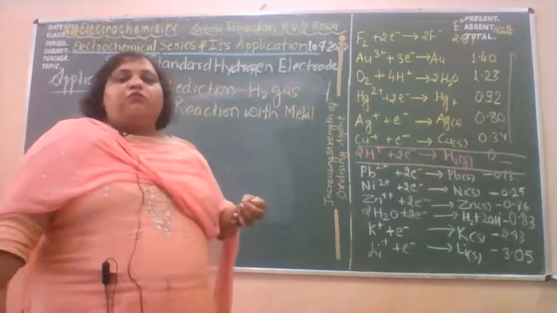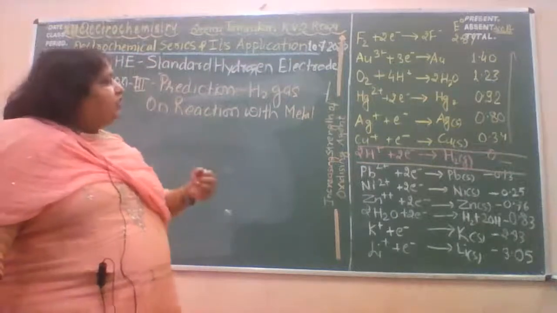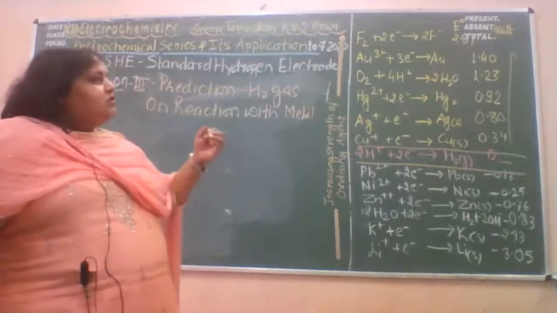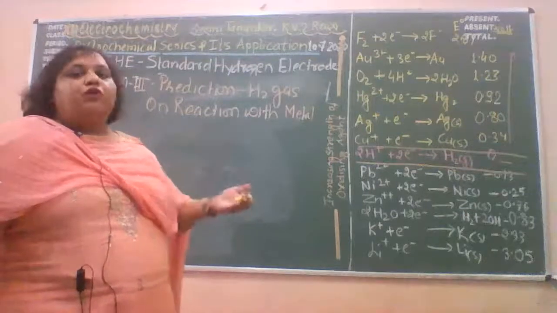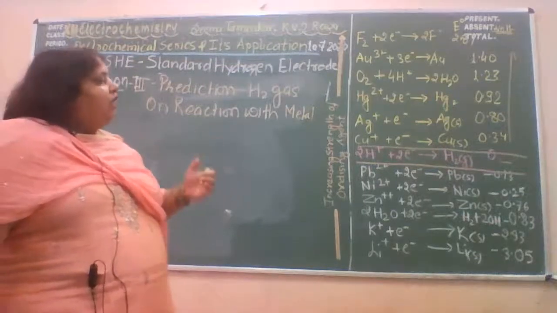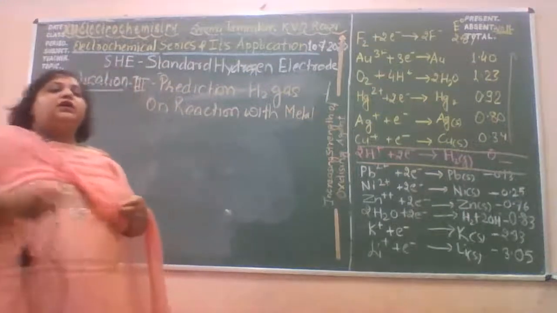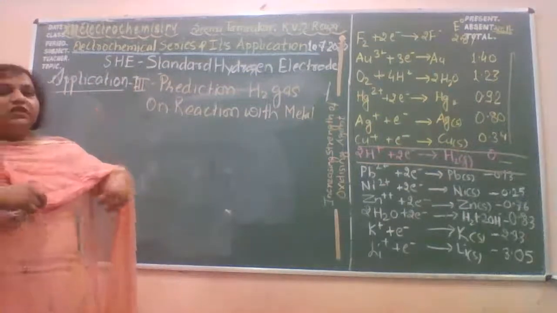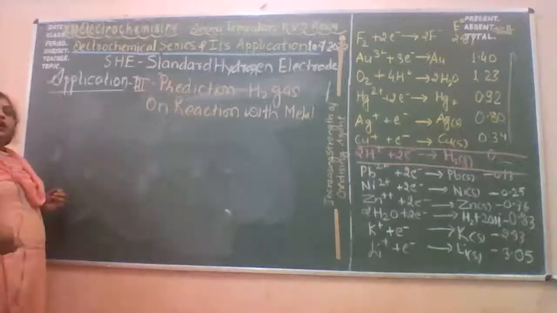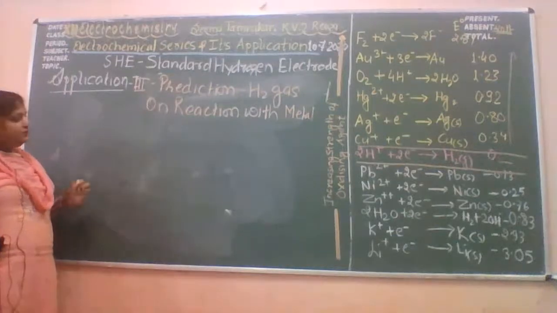It's time for a quick review of the class. We have to go for a recapitulation before I close the class. What is the first thing that we have learned? The electrochemical series. What is the electrochemical series?